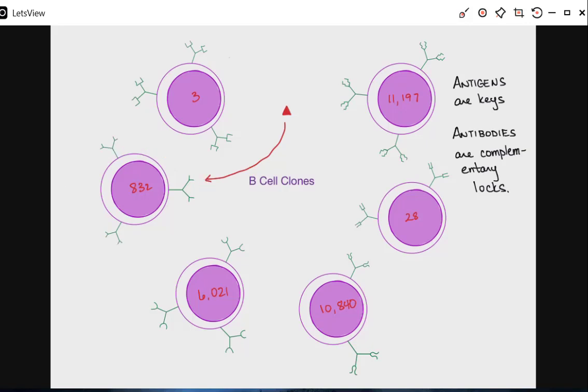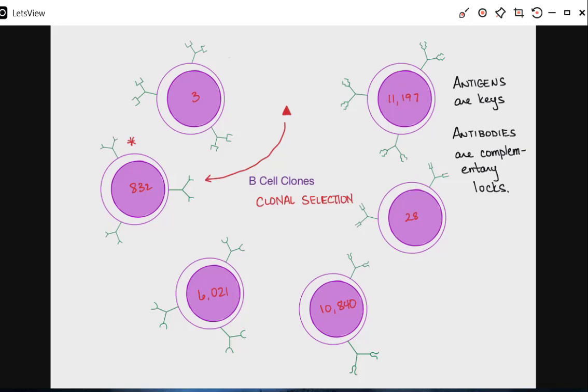We call that process of identifying the lymphocyte with the matching, the complementary antibody, clonal selection. So in clonal selection, we're identifying B cell 832 as our winning B cell.